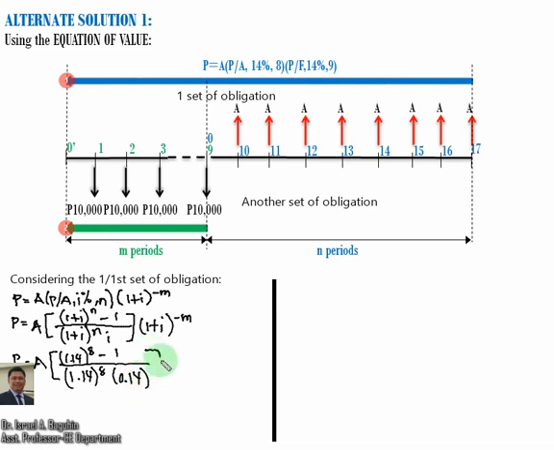And then we have 1.14 raised to the negative M, where M is until the 9th year.